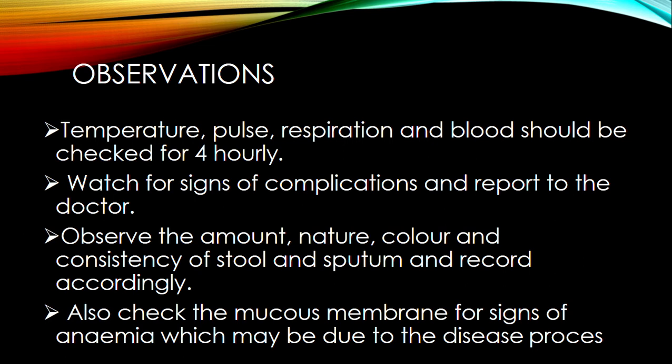So we want to rule out GIT bleeding by monitoring the stool. Then we also want to see the color of the stool. So make sure that you observe that and record accordingly.